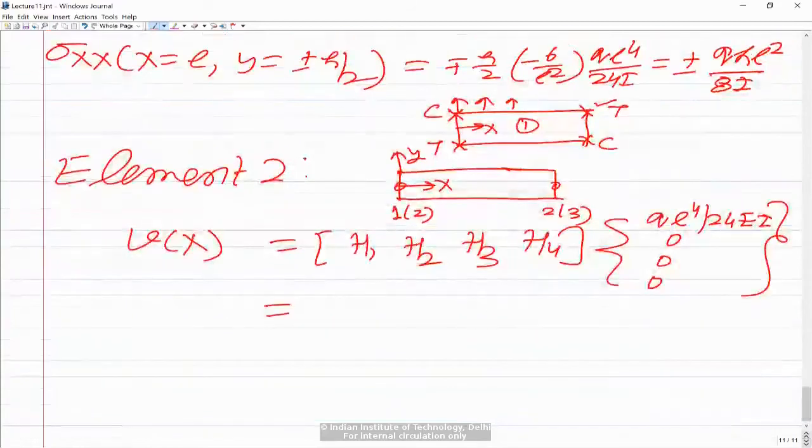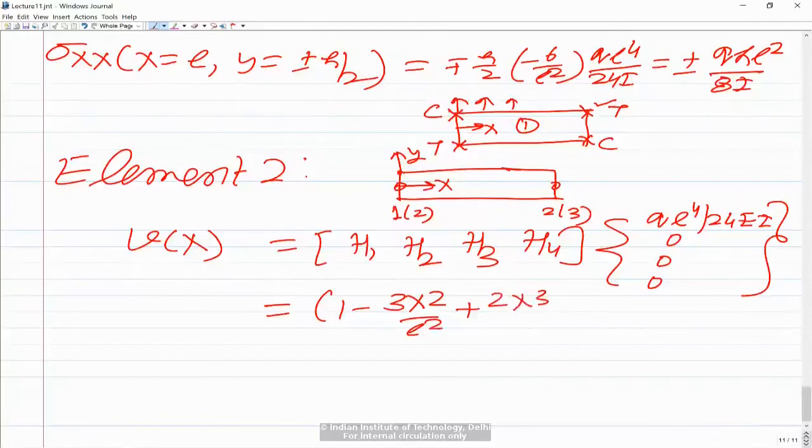So now it is in terms of h1. You will see h1 is obviously 1 minus 3x square by l square plus 2x cube by l cube, into q l power 4 upon 24 ei. So this is v at any point within the element.